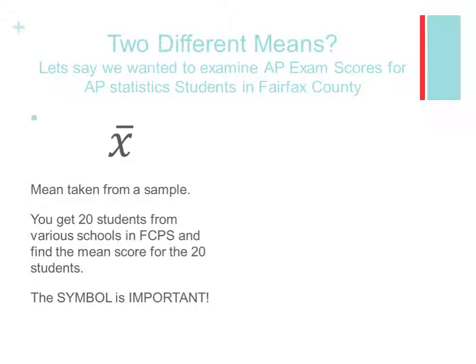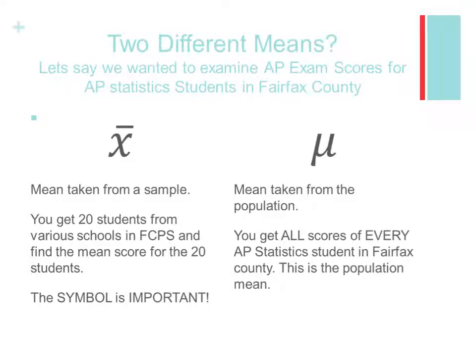Now, what happens if we get all of the scores of all of the AP Statistics students in Fairfax County? That is the mean taken from the population. When we find the mean of a population, that is denoted as mu. That's when we got all of the scores of every AP Statistics student in Fairfax County. It's the population mean. x bar is the symbol for the sample.